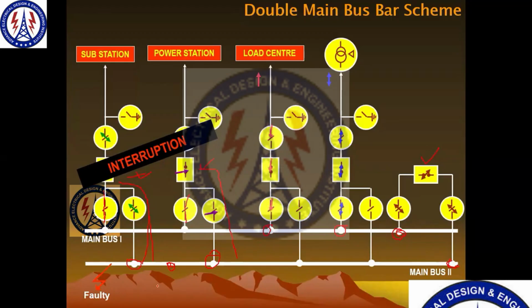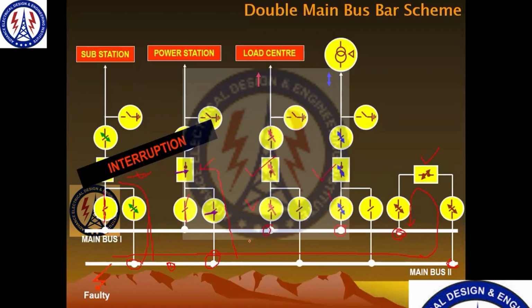If it cannot trip, suppose this fault current will flow, and if you have connected here, it will go into bus 1. Now bus 1 will also be affected, then automatically these two circuit breakers will also trip.